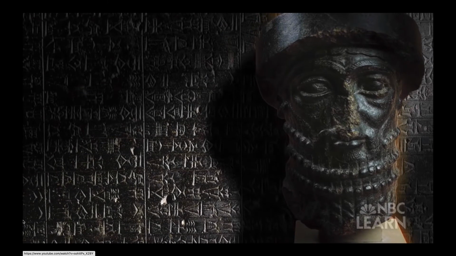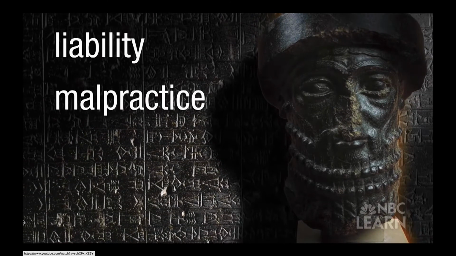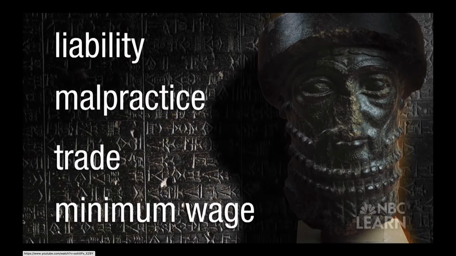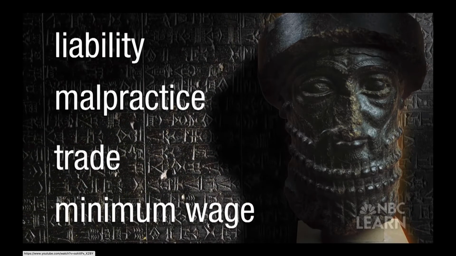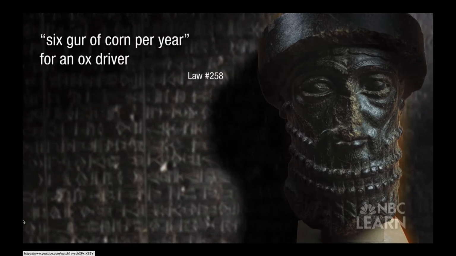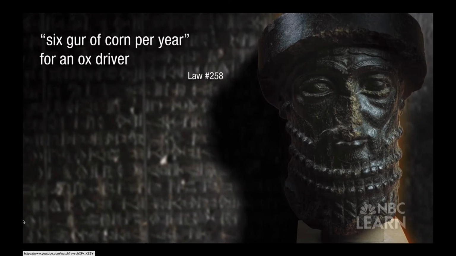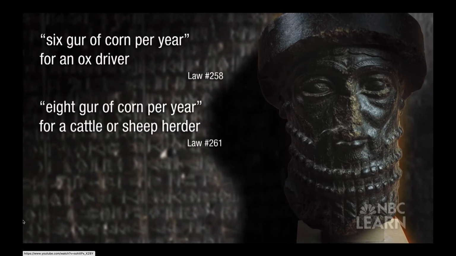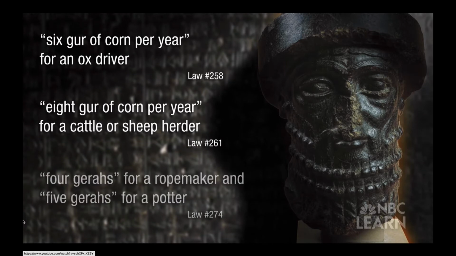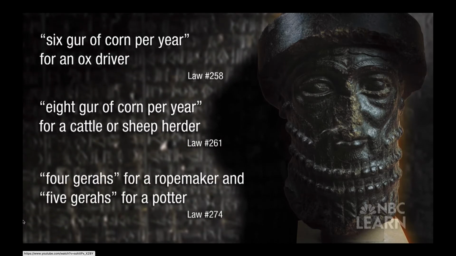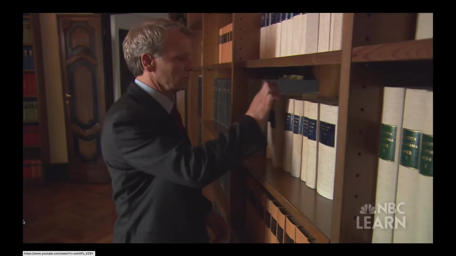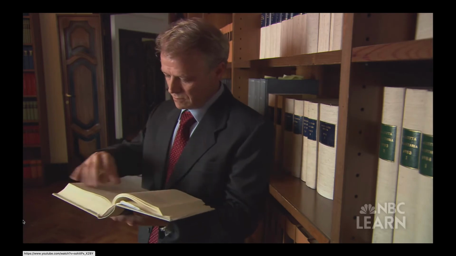Laws in the code cover liability, malpractice, trade, even the minimum wage to be paid to workers in specific occupations. 6 gur of corn per year for an ox driver, 8 gur for a cattle or sheep herder, 4 giras for a rope maker, and 5 giras for a potter. Elements of law and justice carved in the pillar are still found printed in modern law books, thousands of years later.